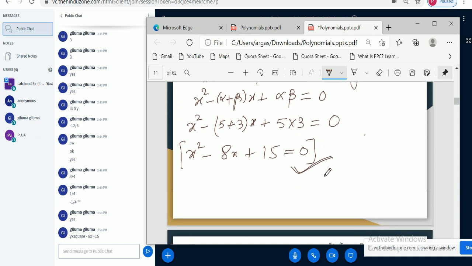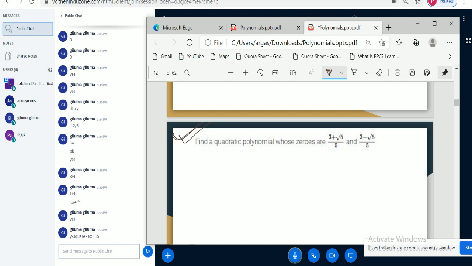Okay, so now solve this question. This is based on a similar concept, the same concept. Find the quadratic polynomial whose zeros are this and this. This is our alpha value and this is our beta value. You have to find the polynomial.